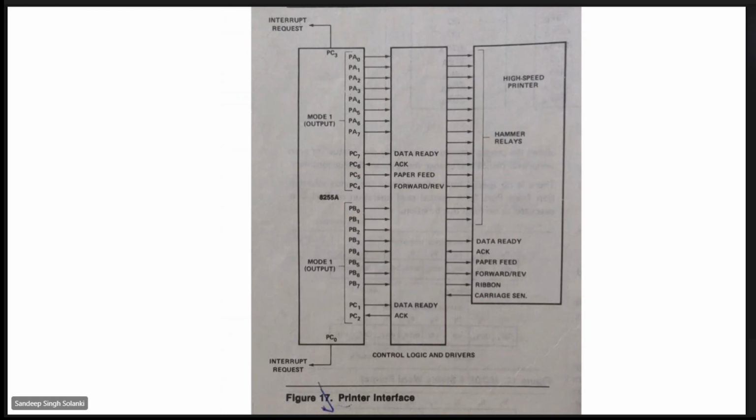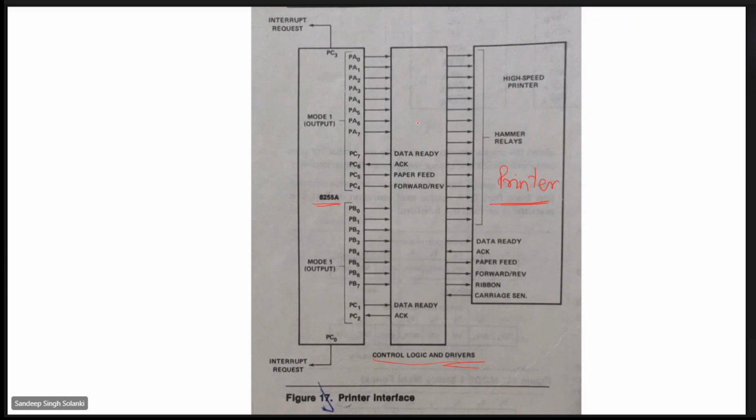Please see here one of the peripheral interfacing examples. You have an 8255, and with that 8255 you have connected a printer. But the printer has a driver. You see here, the control logic and driver. The printer has this, and this driver is communicating with your 8255.